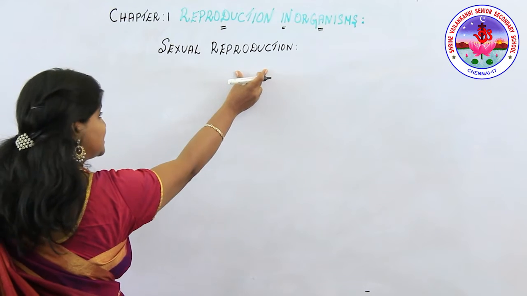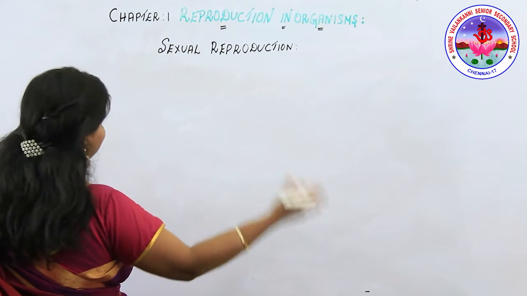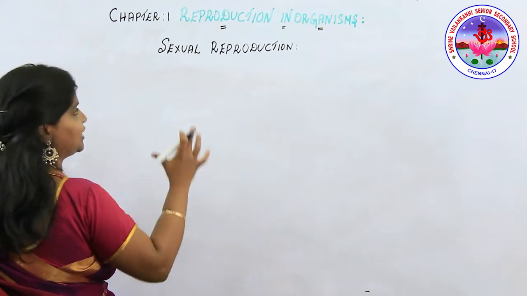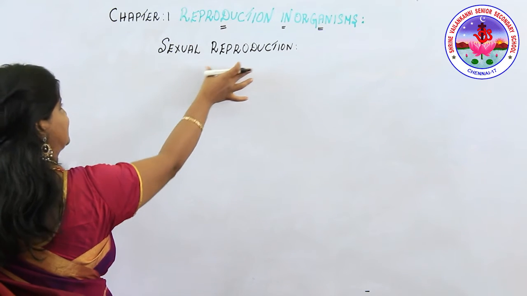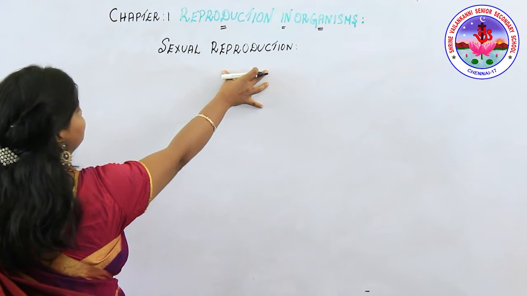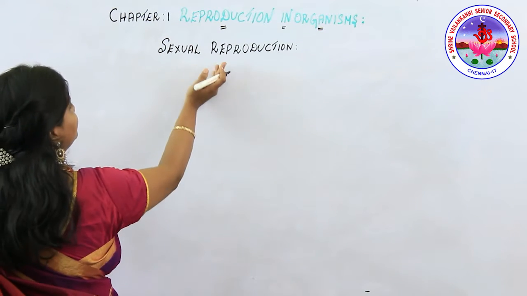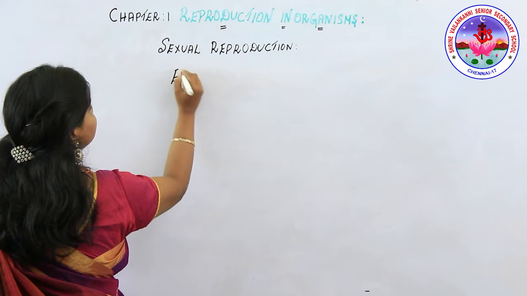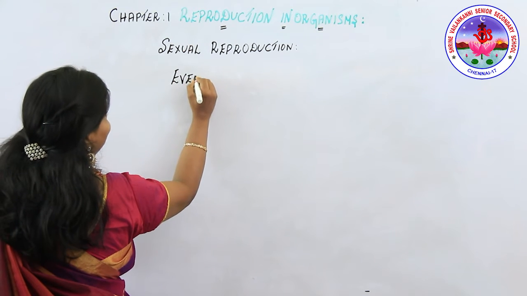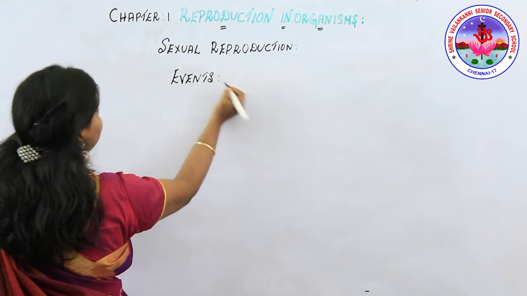Reproduction enables a species to live on to the next generation. So far we were discussing this. Actually, how does it take place in sexual reproduction? How is it categorized? The events are categorized into three types.